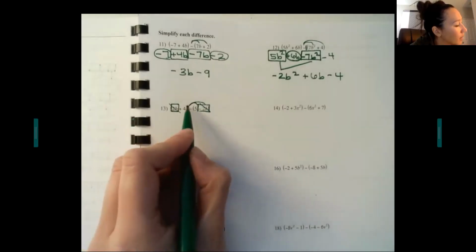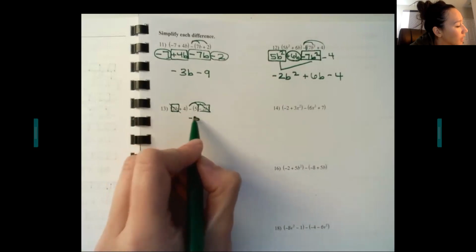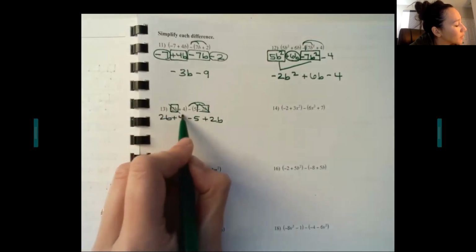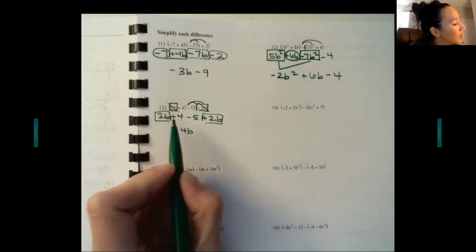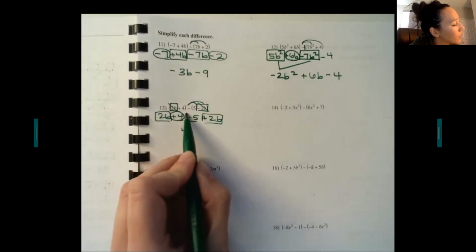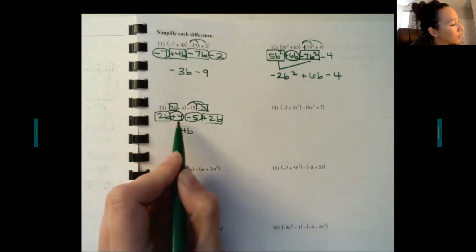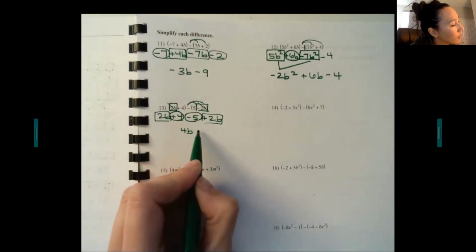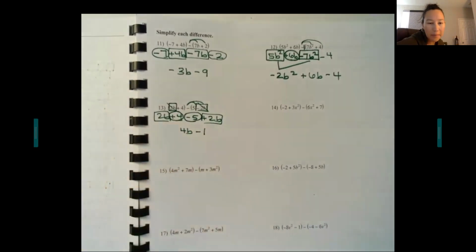So you're probably right. Let's see. If we do, this is negative 5 and then it becomes positive 2b. You're right. Sorry, I forgot we were subtracting. Okay, so then what did you get, Amari? 4b minus 9. So 4b, but then if we have 4 minus 5, what does that combine to? Negative 1, right? Negative 1, yeah. Yep. Good. Thank you, Amari.